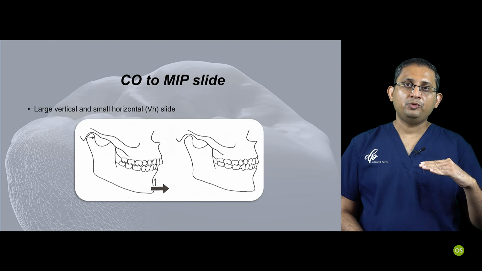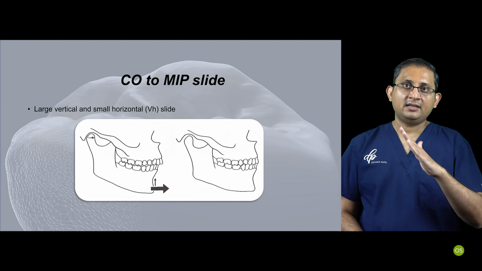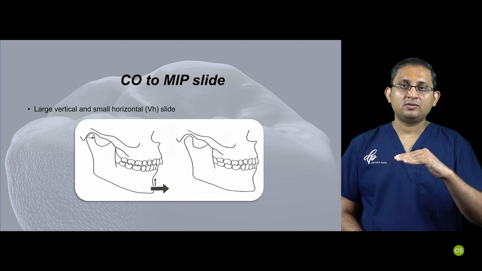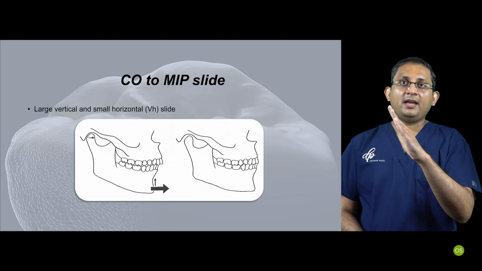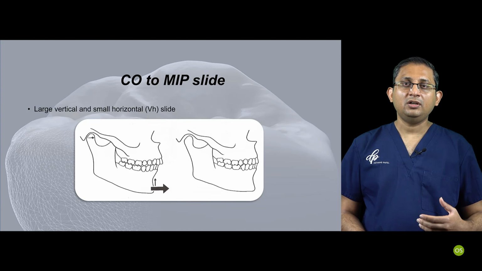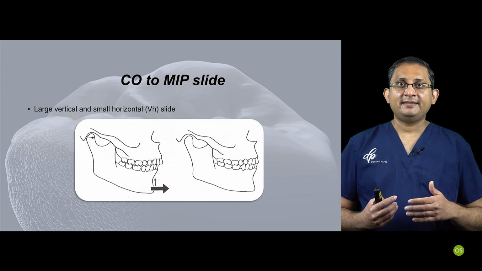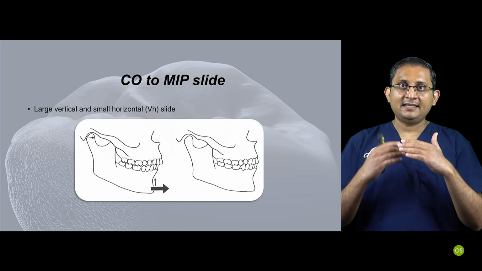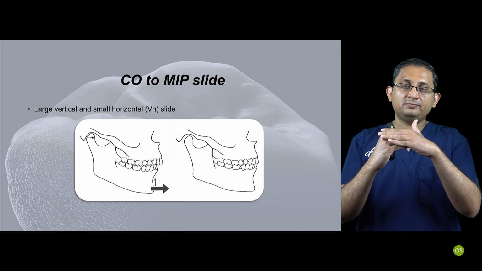Whereas if the jaw is moving more upward and slightly forward, as again it's oblique, so the jaw doesn't just go up and forward, it goes obliquely, that's called large vertical, small horizontal. Essentially, if you eliminate that slide, the jaw seats upward more, and that's fine, that's not a problem.